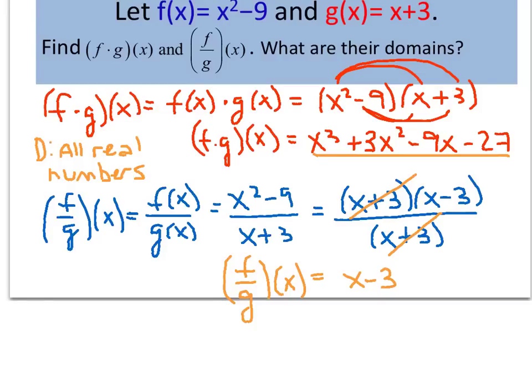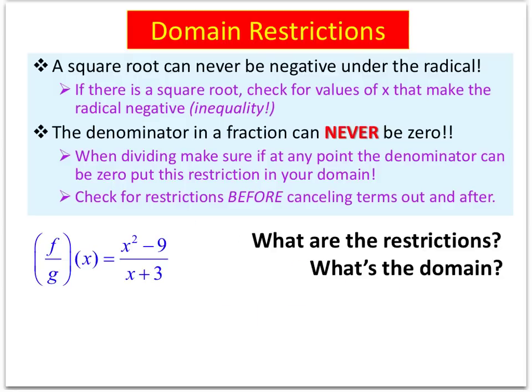Now talking about the domain of this second guy, things get a little bit more complicated. So with division, there's a few more things that we have to talk about. Domain restrictions really come into play whenever I'm given a quotient and the denominator is not allowed to be 0, and also whenever I have any type of even-rooted function.